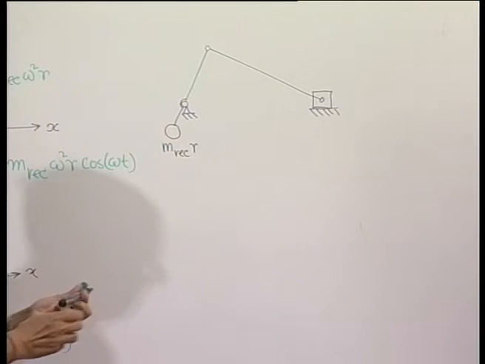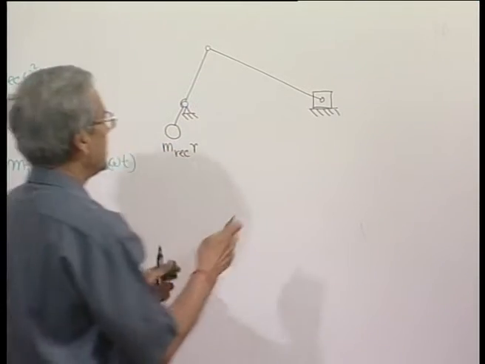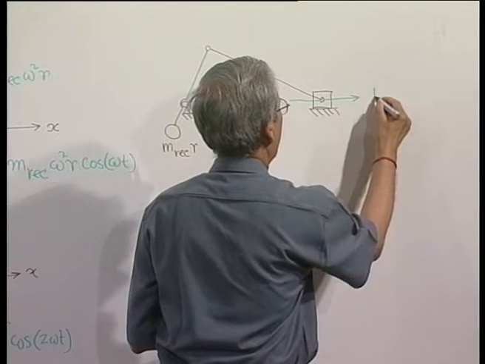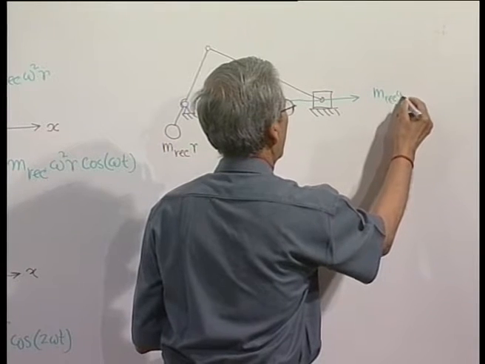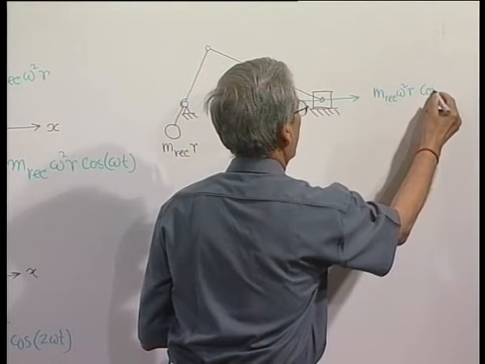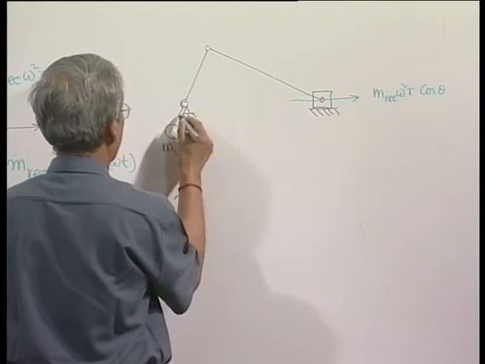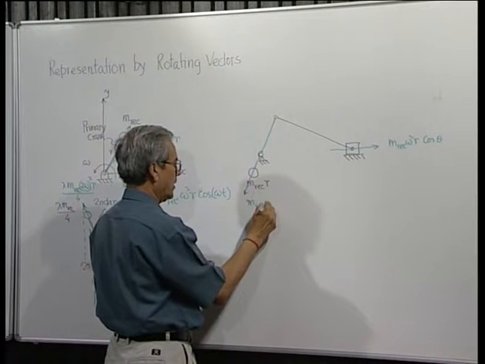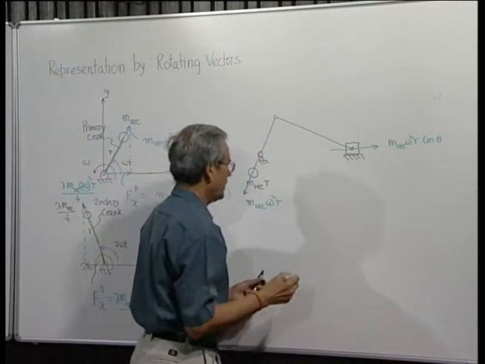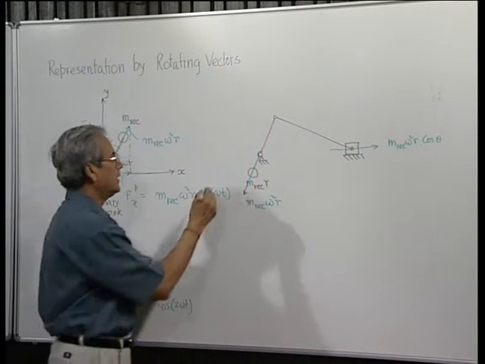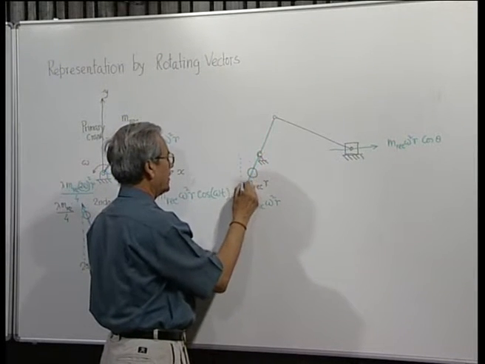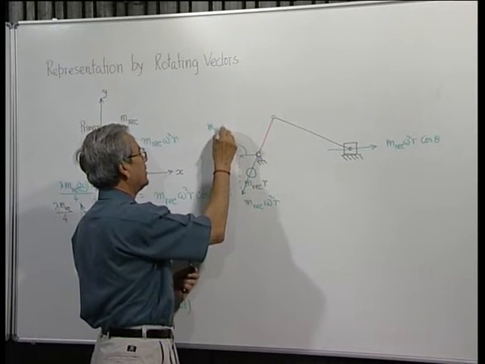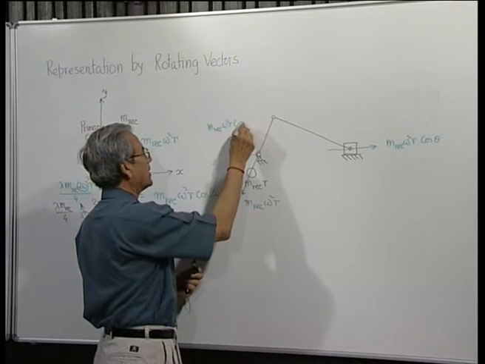Then what will happen? The unbalanced force produced by this is in this direction, which is m reciprocating omega square r, and this component will be m reciprocating omega square r cosine theta.